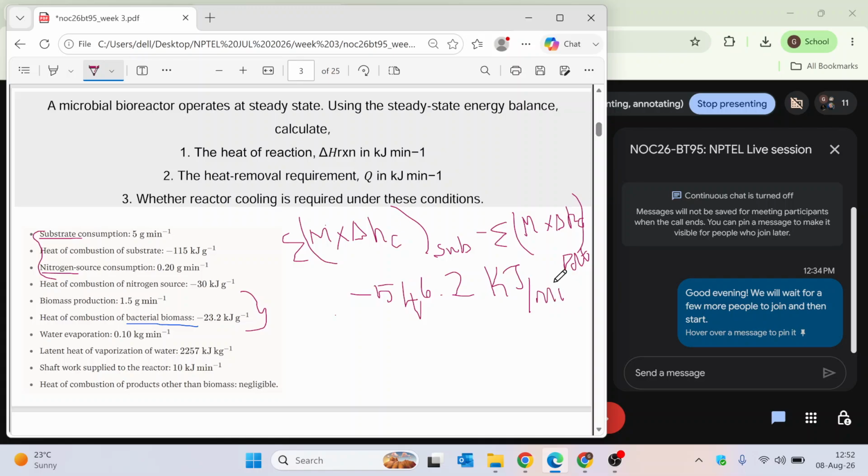Any doubts or confusions in this? Did you get this? So this is the del heat of reaction. Next we go on to calculate the heat removal requirement or the heat loss.